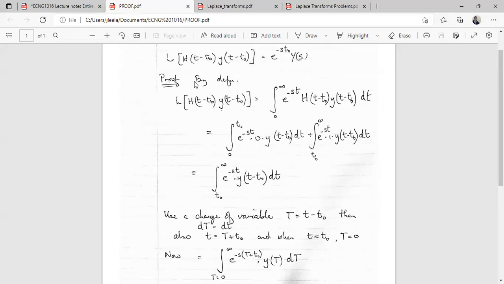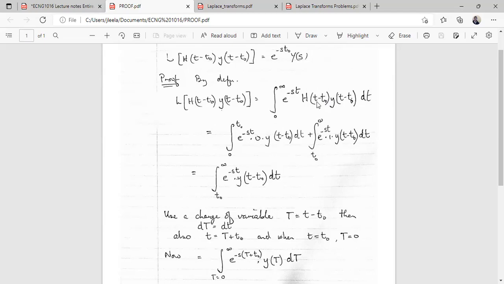Basically, we apply the definition. By definition, the Laplace of h(t - t0) y(t - t0) is the integral between 0 and infinity of e^(-st) times this stuff in the brackets, h(t - t0) y(t - t0).